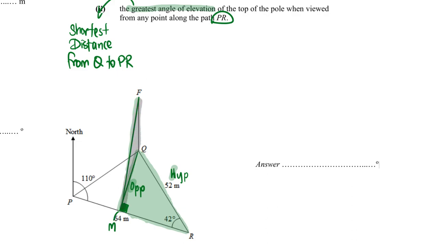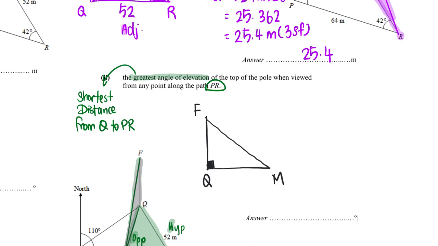So if I were to do a sketch, F, Q, M, then this is the right angle triangle that we are talking about, and we have just gotten FQ previously as 25.362, QM 34.7948, and they would want us to find this greatest angle of elevation.